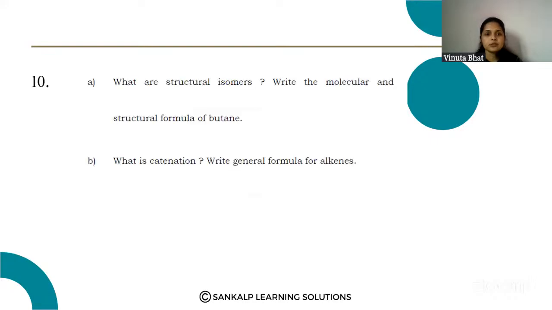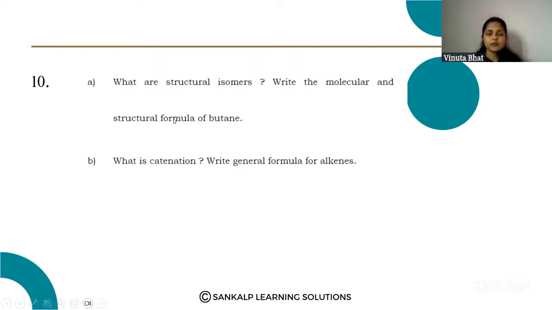Next question. What are structural isomers? Write the molecular and structural formula of butane. What is catenation? And write the general formula for alkenes.